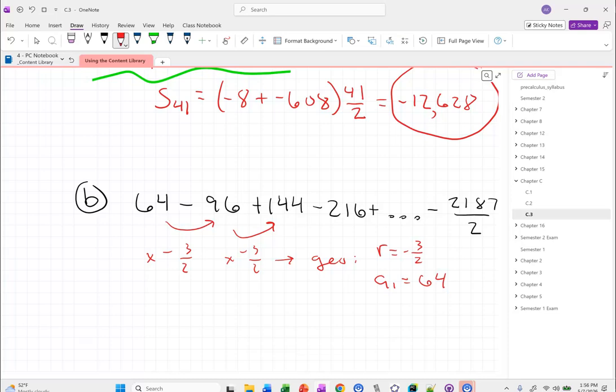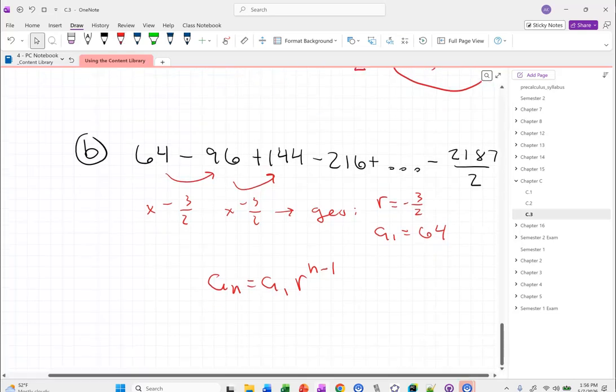Everybody feel good so far? I'm now going to write my explicit formula. Since it's geometric, it's a different formula though, right? But no big whoop.